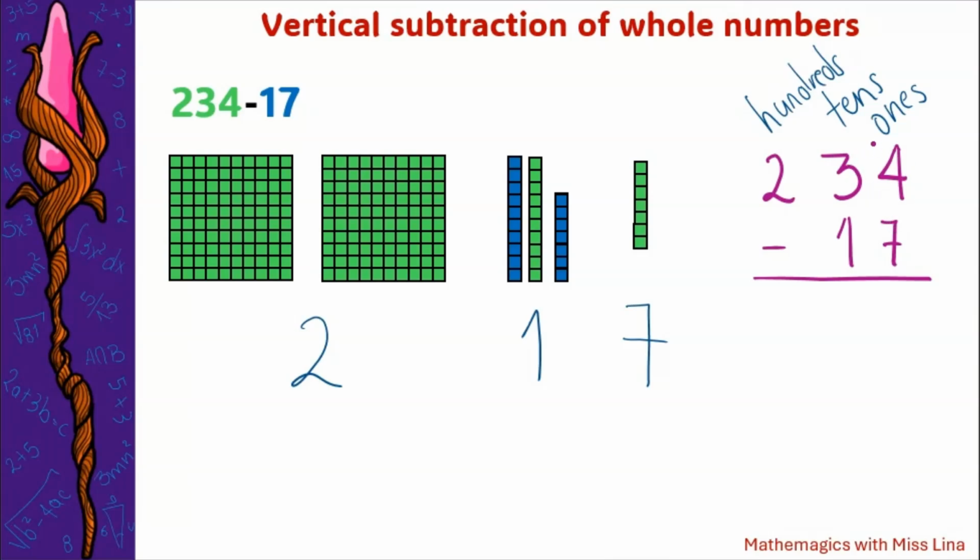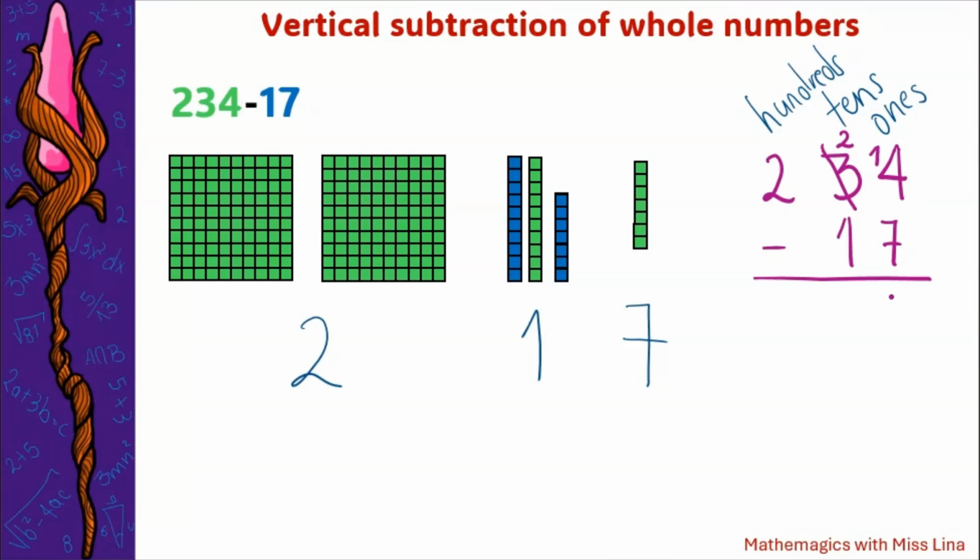So we need to borrow from the neighbor. So this 3, since it is giving 1, it's not a 3 anymore. It becomes a 2. And then it gives 1 to the 4 to make it 14. Now 14 is a bigger number, so we can take away 7 from 14.